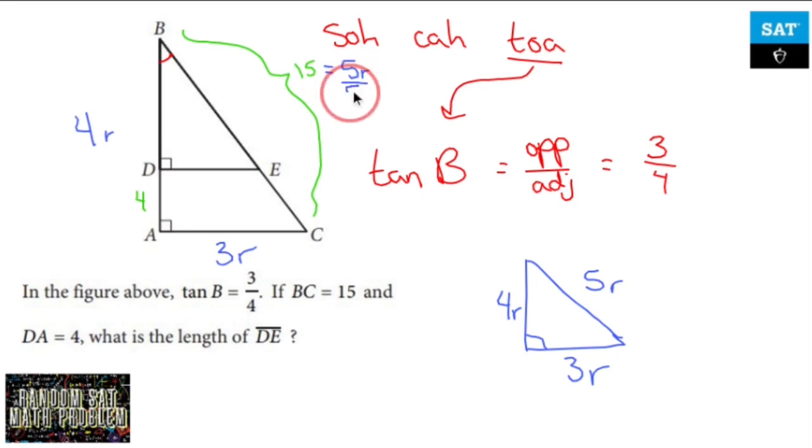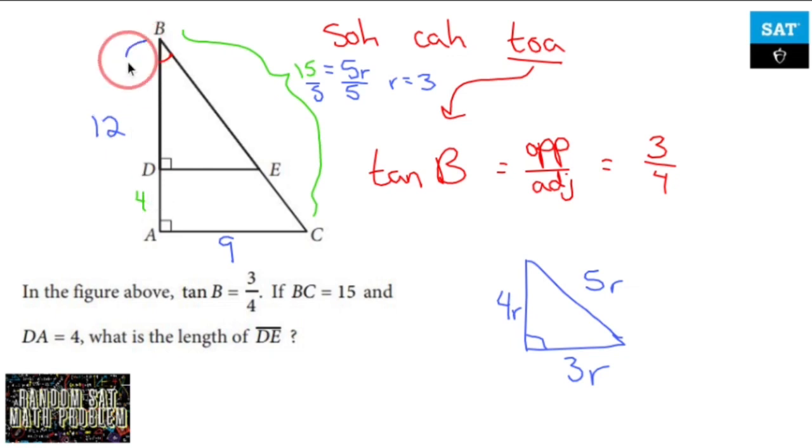If I divide both sides by 5, then this magic ratio number is going to be 3. So if this is 3R, I now know that 3R is 3 times 3, which is 9. If this is 4R, then this is going to be 4 times 3, which is 12.